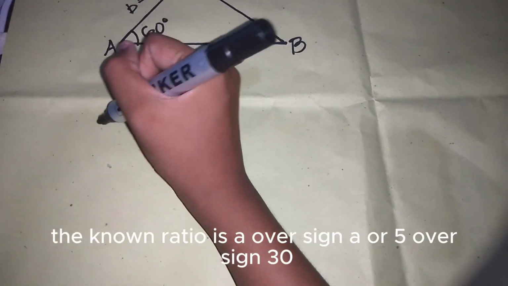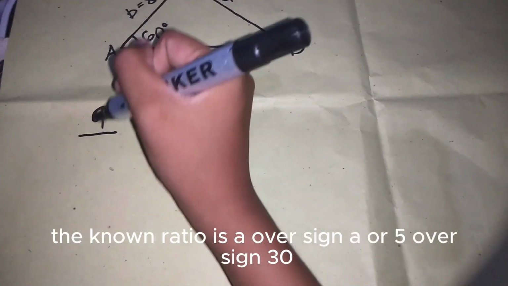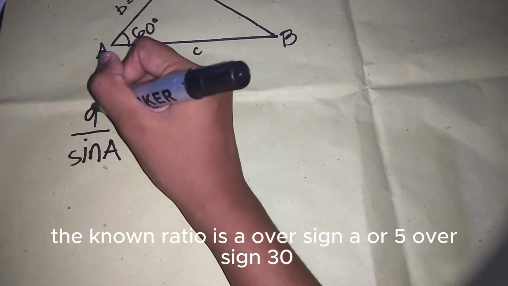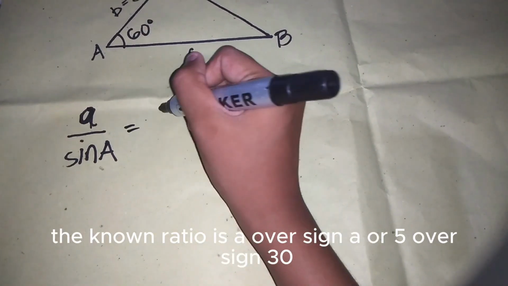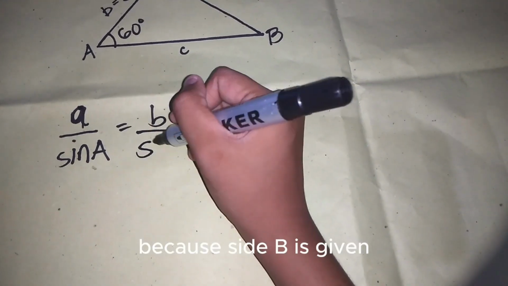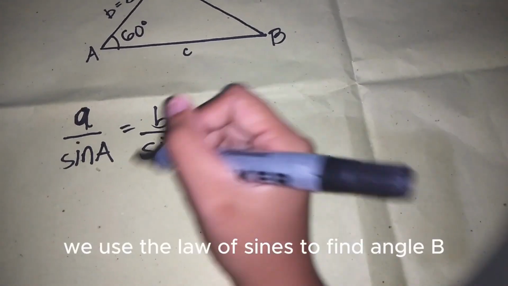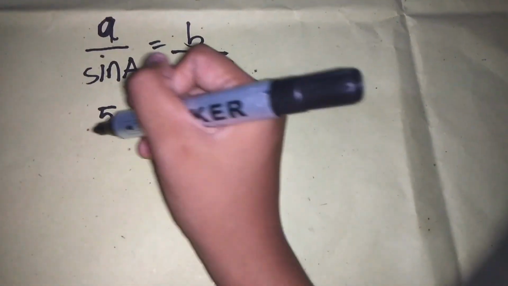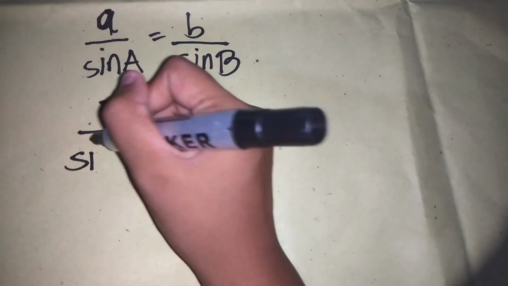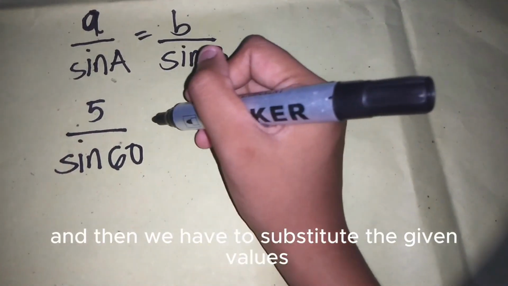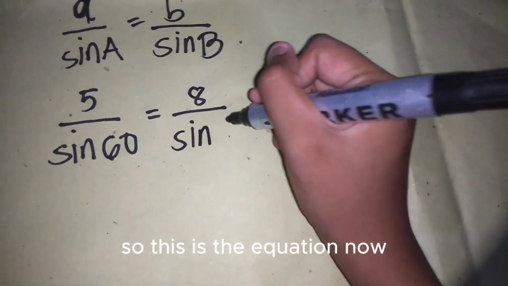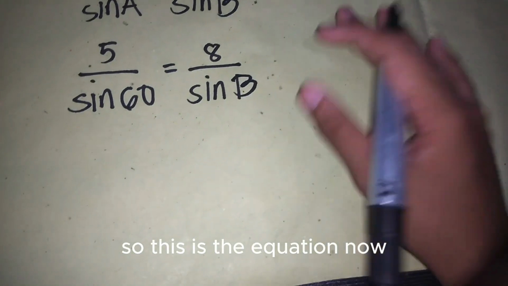The known ratio is A over sine A, or 5 over sine 60. Because side B is given, we use the law of sines to find angle B. And then we substitute the given values. So this is the equation now.